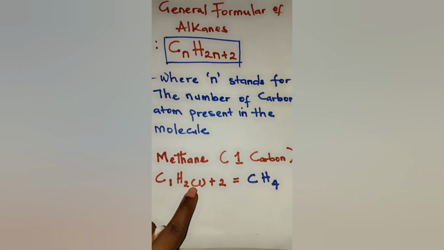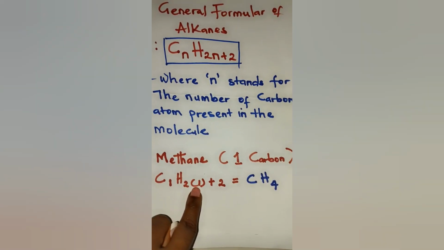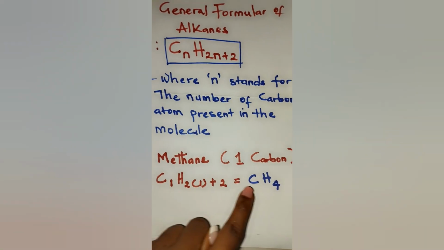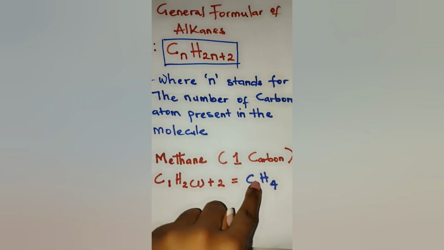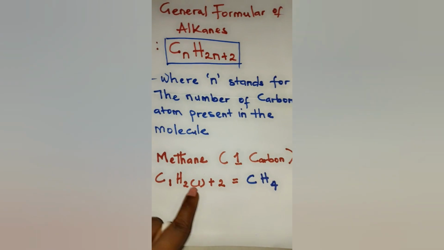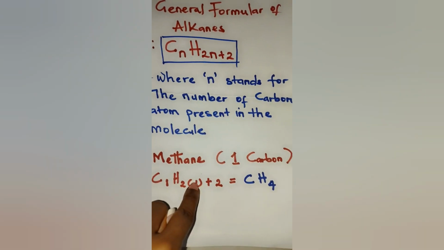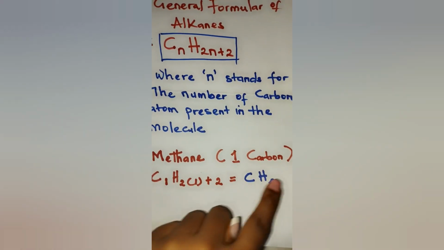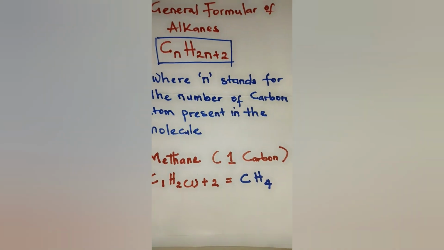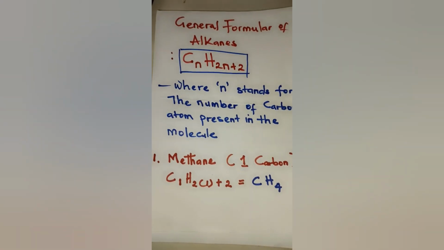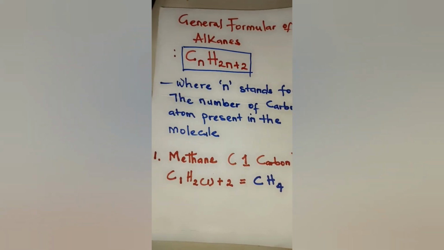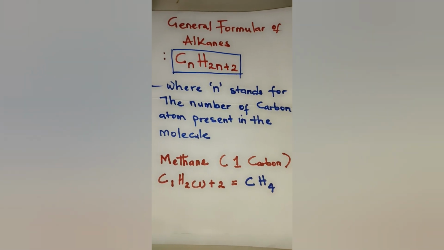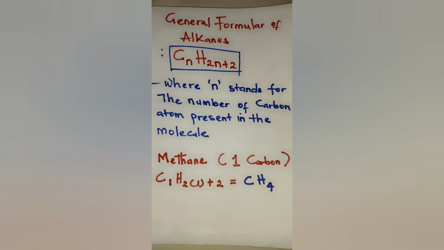And you know, this bracket indicates multiplication. So C, since it's 1, we don't necessarily have to write 1. 2 times 1 is 2. 2 plus 2 is 4. Hence CH4. So quickly, using this formula, let's get out the first 5 members.